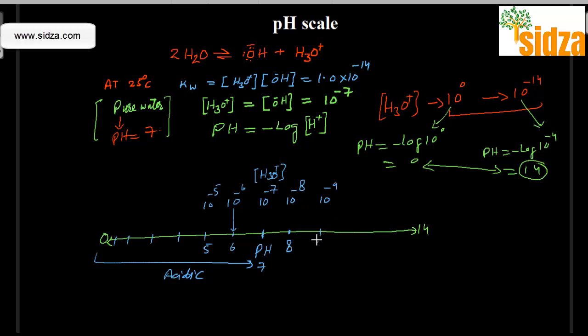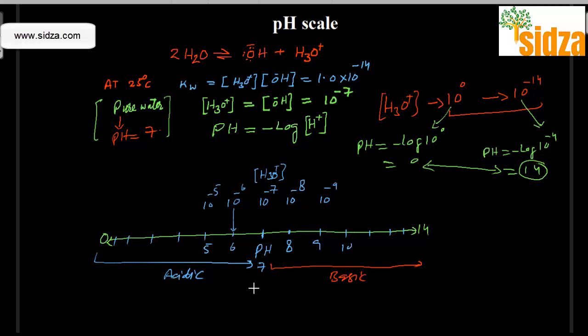And this one will have a 9. Similarly you can have 10, 11, 12, 13 and 14, correct? So this forms another end of the pH scale. So this side is acidic, and this one will be treated as a basic solution, because here the H positive ion concentrations are very, very low.